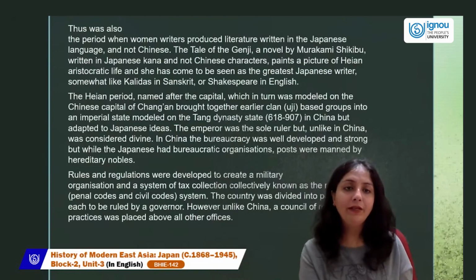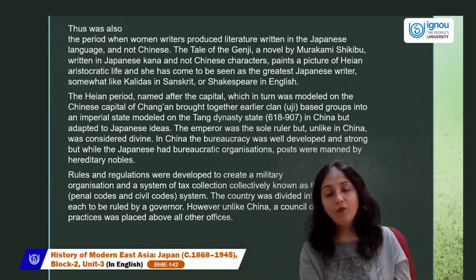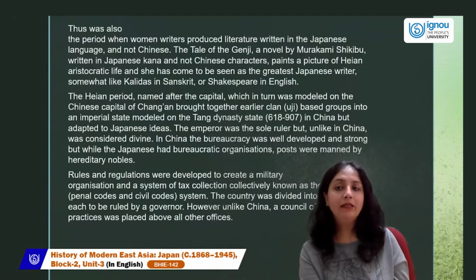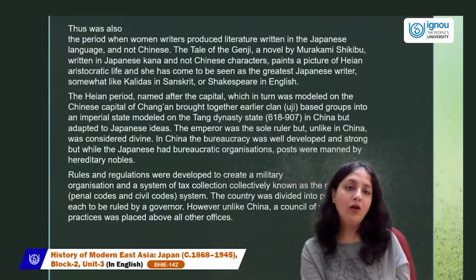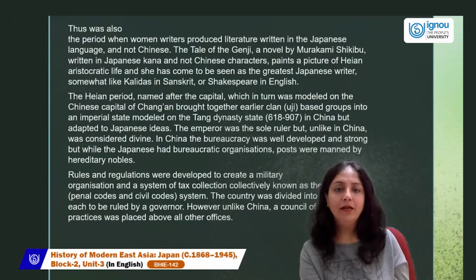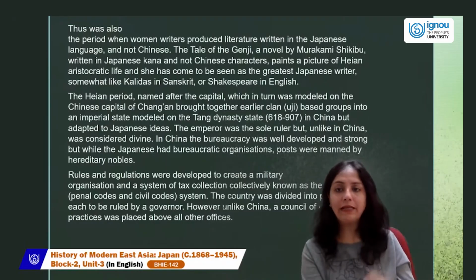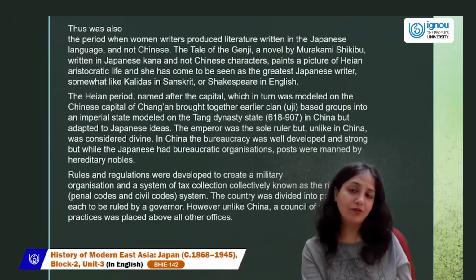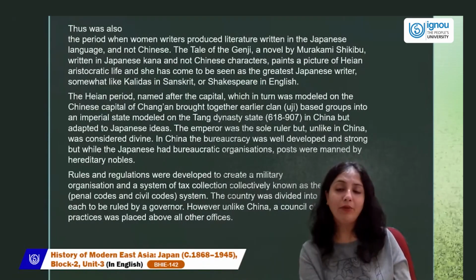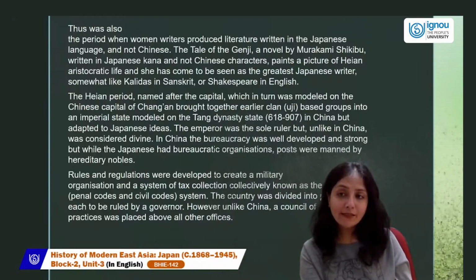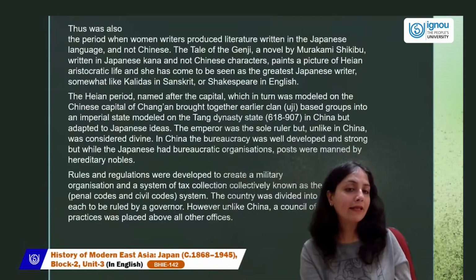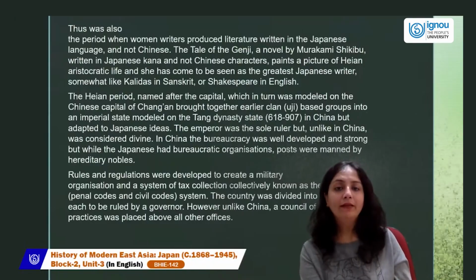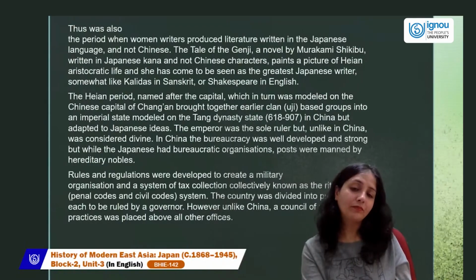The Heian period, named after the capital, which in turn was modeled on the Chinese capital of Chang'an, brought together earlier clan-based groups, clan meaning Uji in Japanese, into an imperial state modeled on the Tang dynasty.